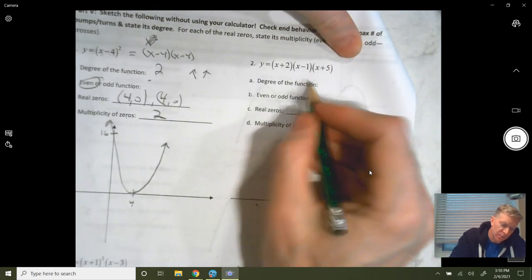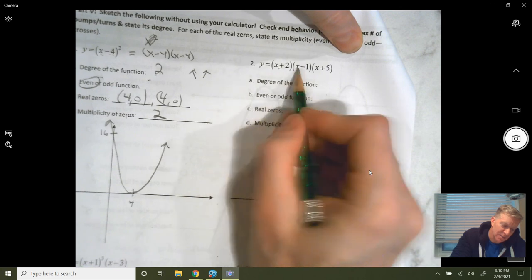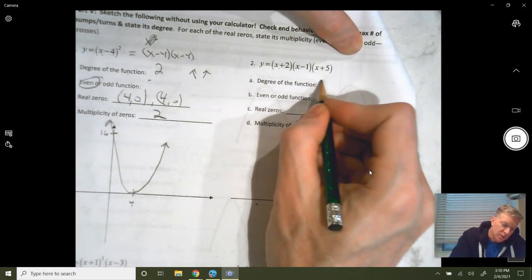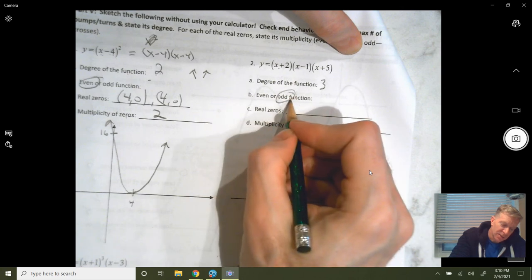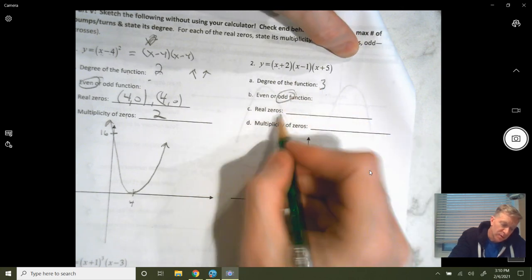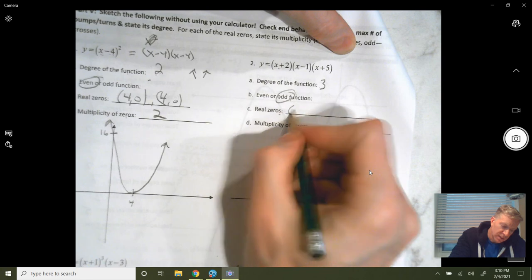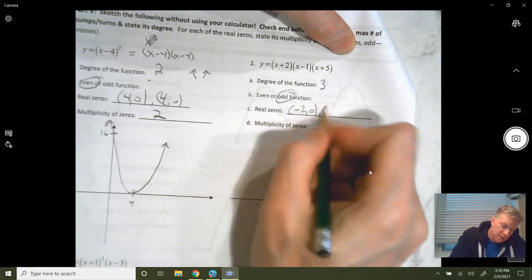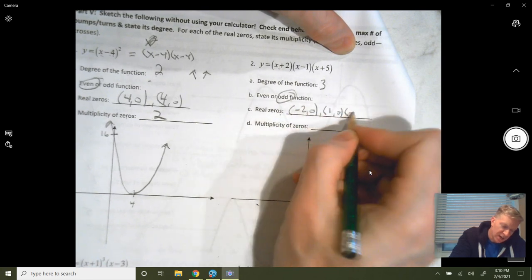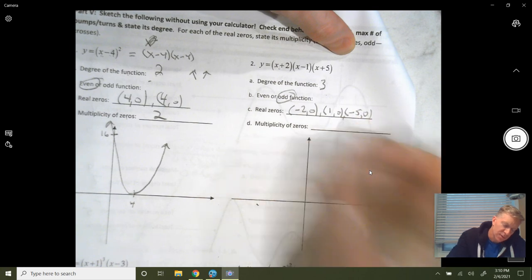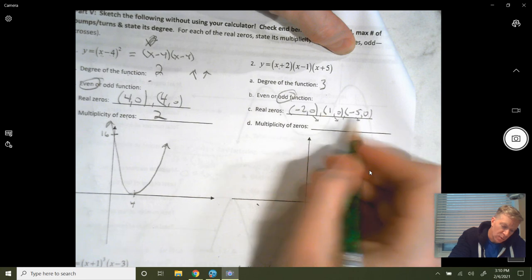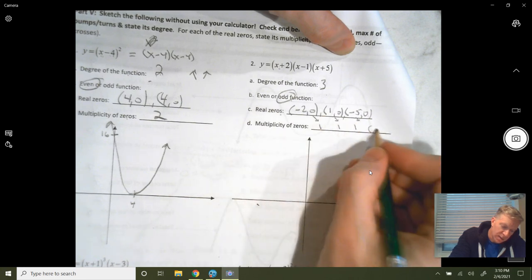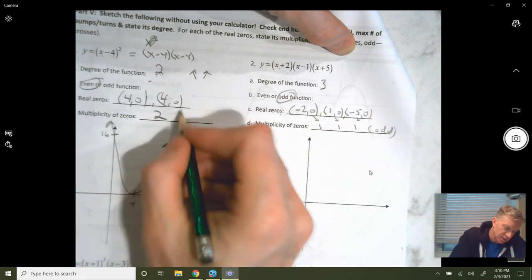Degree of the function, if you multiply this out, you've got x times x times x. That's 3rd degree. Even or odd function, that's odd. Real zeros will be negative 2, 0, 1, 0, and negative 5, 0. Multiplicity of the zeros, all are odd, so 1, 1, 1.